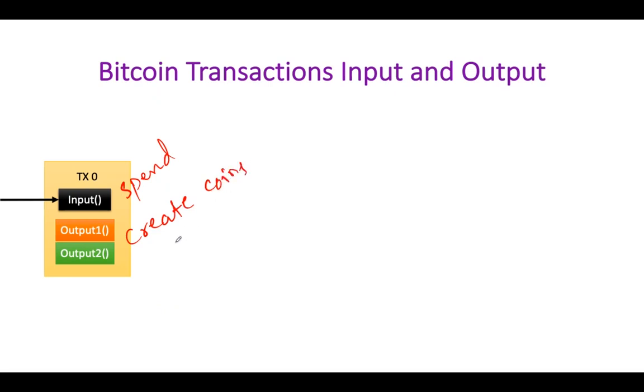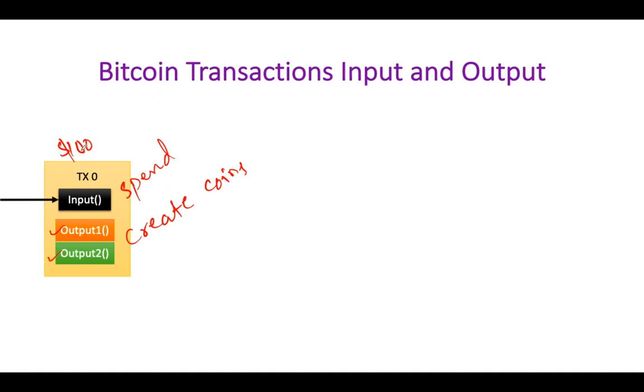Suppose a user wants to deposit $100, or $100 worth of Bitcoins. Then that Bitcoin will first be created in transaction 0. When creating these coins, it is done with the help of what we call the Bitcoin transaction output.